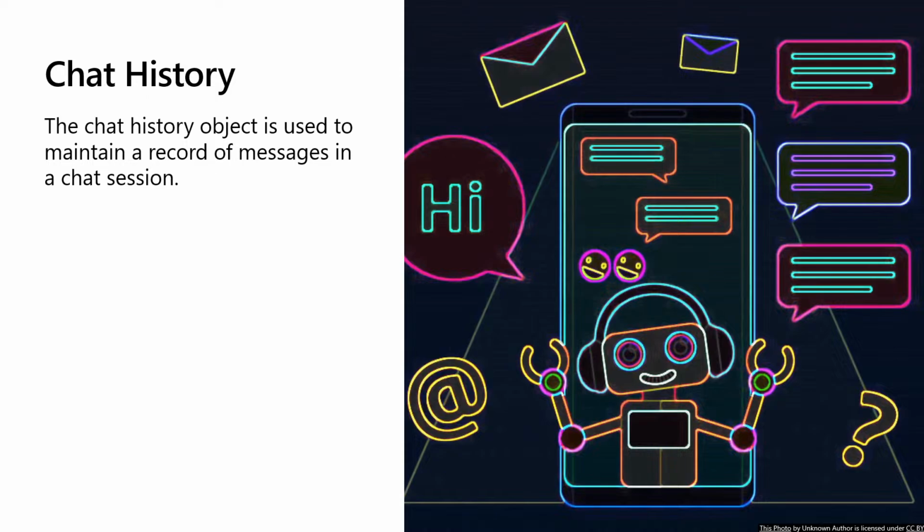It can be a user, an assistant, a system or a tool. With this chat history, you will define the conversation details or the scope of the conversation for your users.